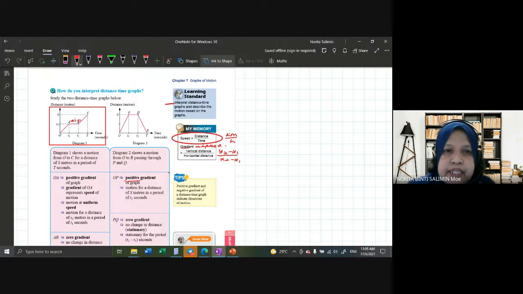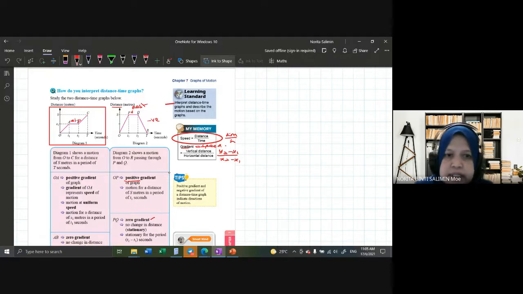And then PQ. What happened here? Is the distance changed? The distance is not changed. Okay, so this is stop lah. Dia rehat kat sini. They take a rest from P to Q. And then what happened? Q to R. This is negative gradient. PQ just now is zero gradient.